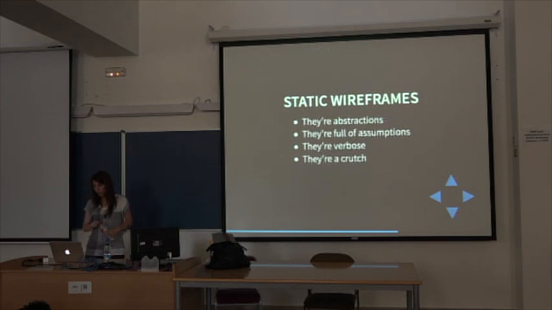On static wireframes, we have abstractions. They are not the real thing, because having a wireframe is like having a Photoshop for explaining a website. If you print it, it's the same as if you put it in a website, and nobody can click it. It's like something drawn. It's an abstraction. It's not a website itself. They are full of assumptions.